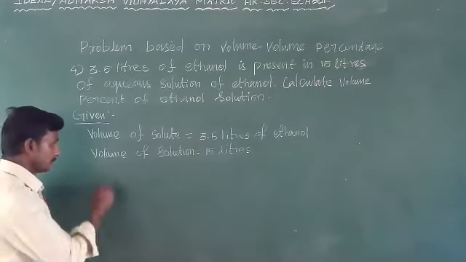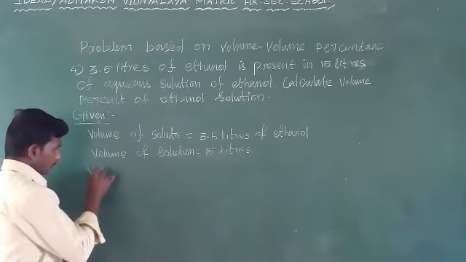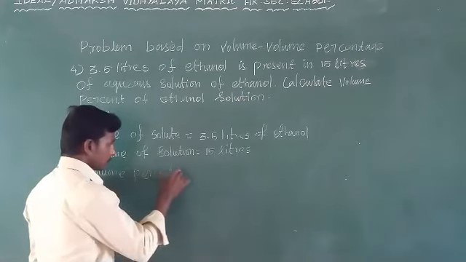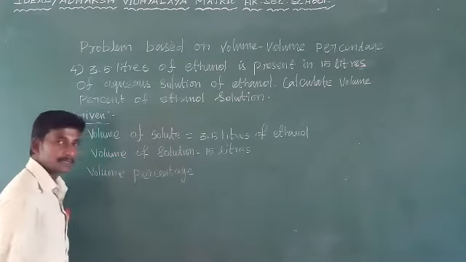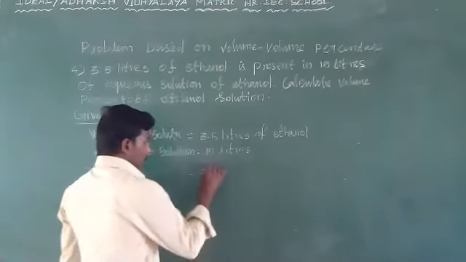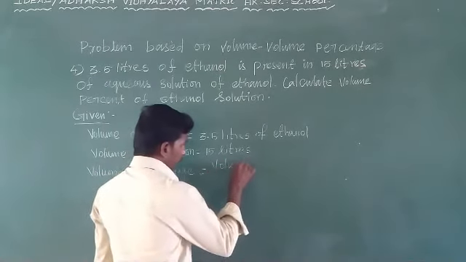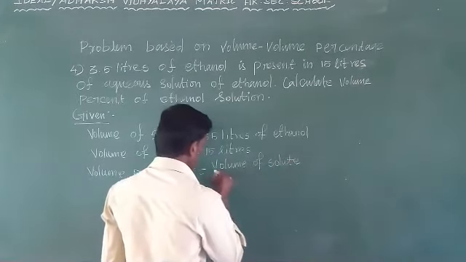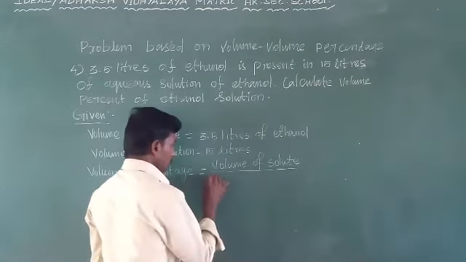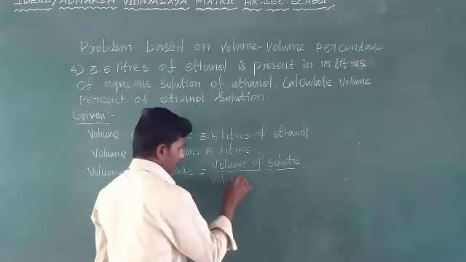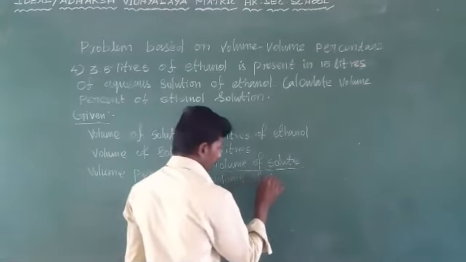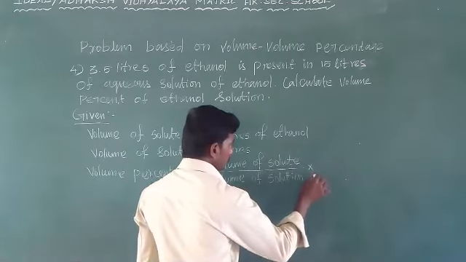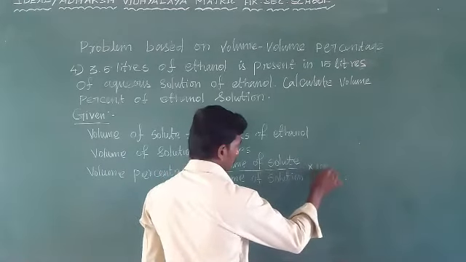To calculate volume percentage: volume percentage equal to volume of solute divided by volume of solution into 100.